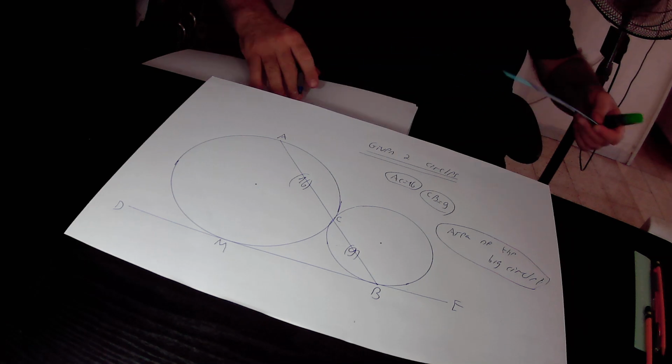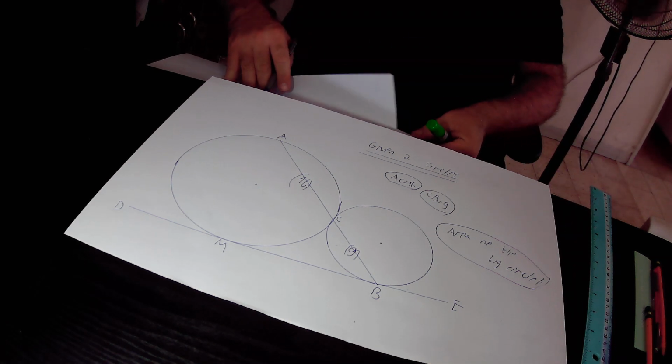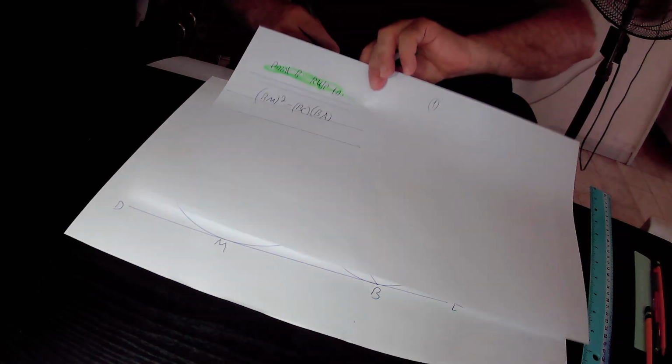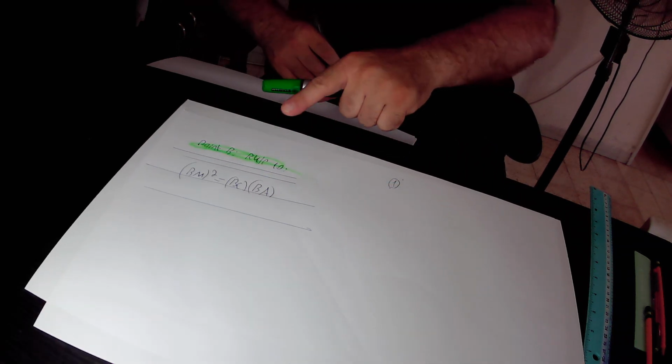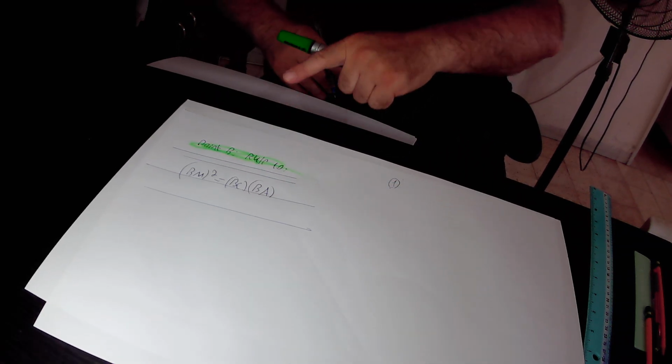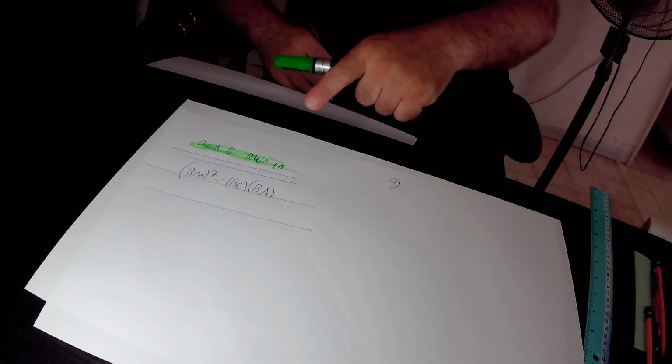So I'll repeat again. If we focus on the common external point B, according to rule 10, the following equation is true, that BM square equals to BC times BA.